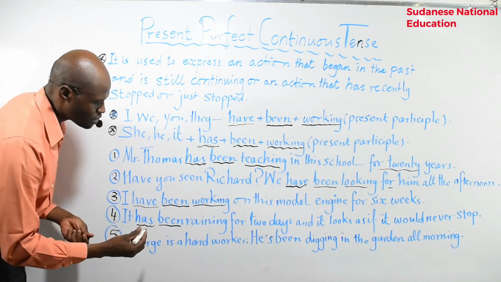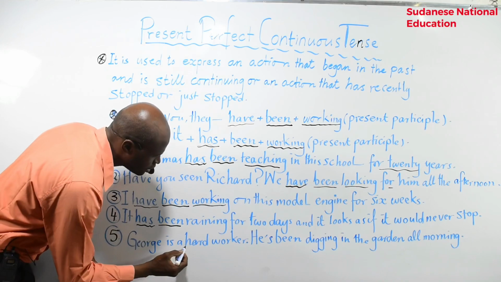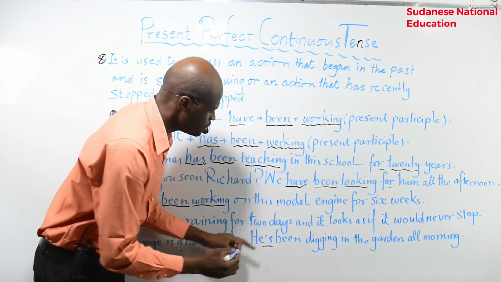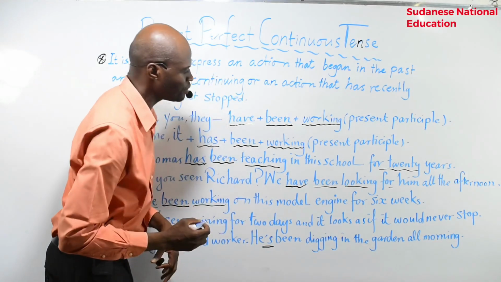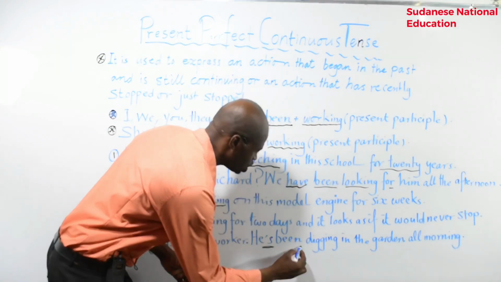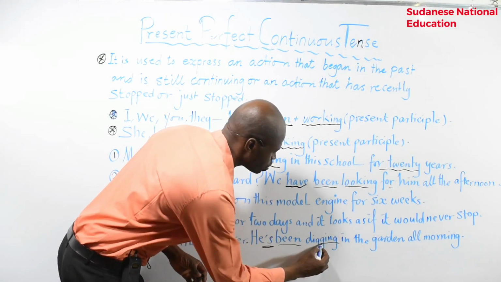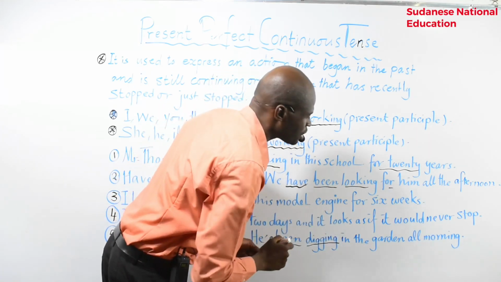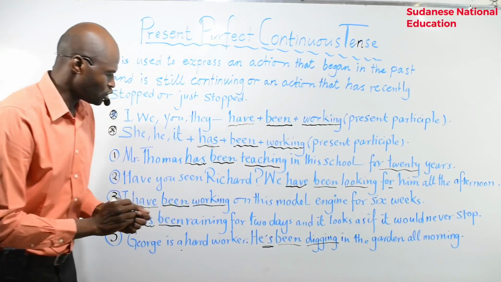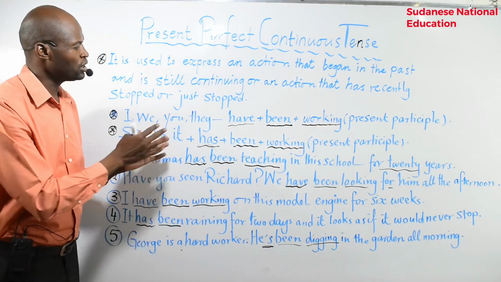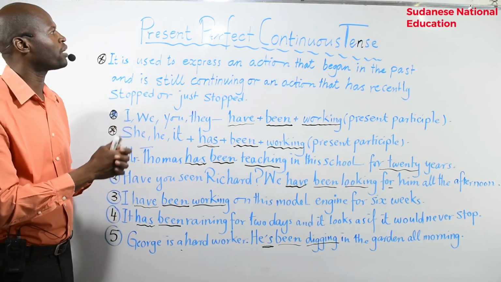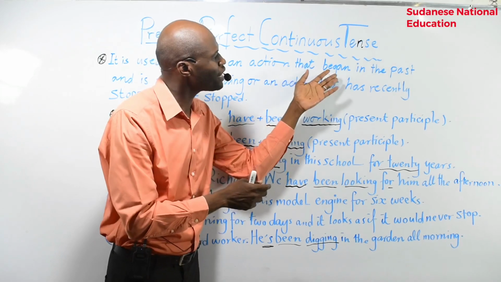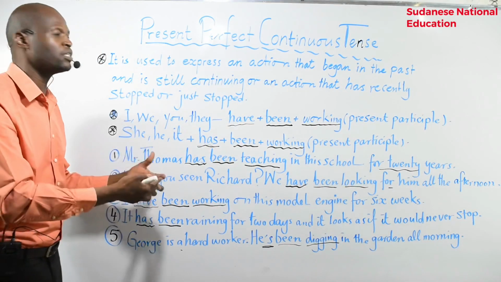George is a hard worker. So here he's been, and by the way, here 's is a short form of he has. So he's been digging, and digging also is the present participle of the verb dig, in the garden all morning. So in this situation, we see that the action expressed by present perfect continuous tense began in the past and is still continuing.